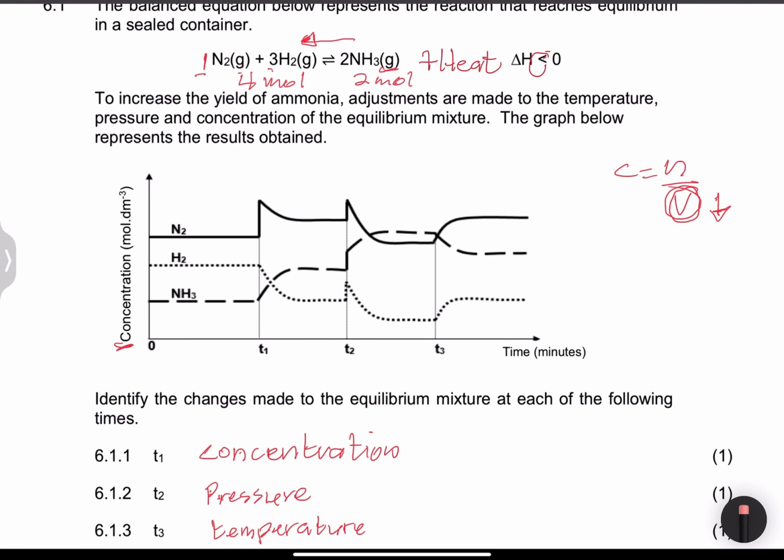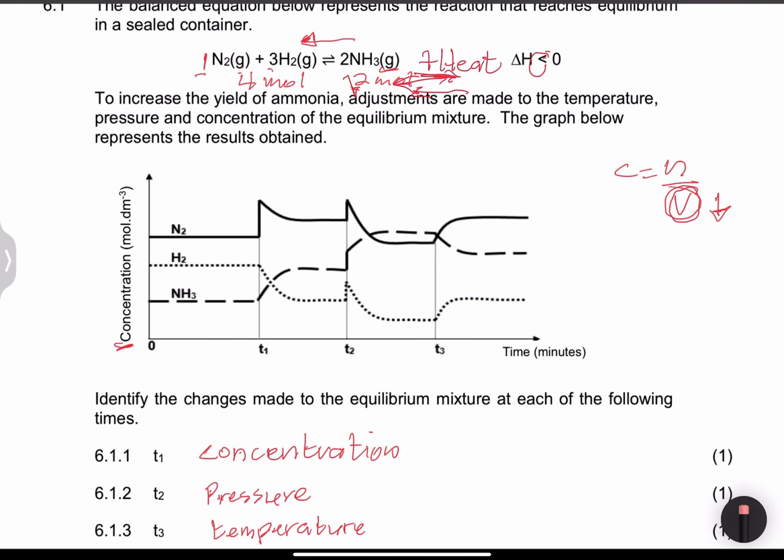If the forward reaction is exothermic, then the reverse reaction is endothermic. So in this case the reverse reaction will be favored, and so your NH3 will decrease.